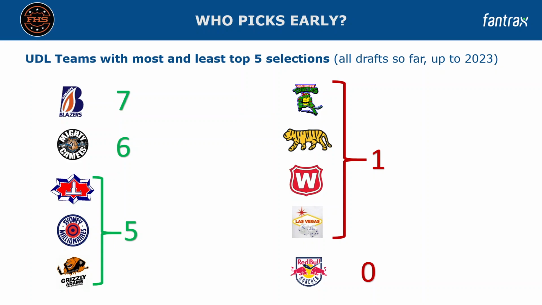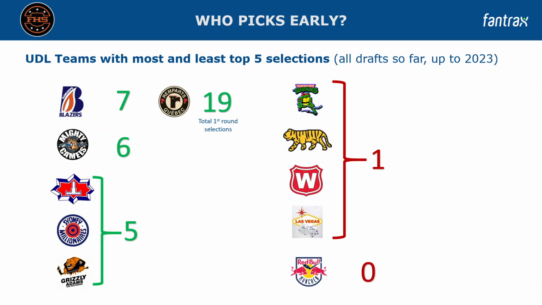And if we look at the picture of the whole first round picks, not only the top five selections, basically most of the same teams are among the top and the bottom again. Among the bottom, I think the Scouts are a team that joins these teams with fewest first round overall selections. But surprisingly, the team that has had the most first round selections overall is the Ramparts with 19.